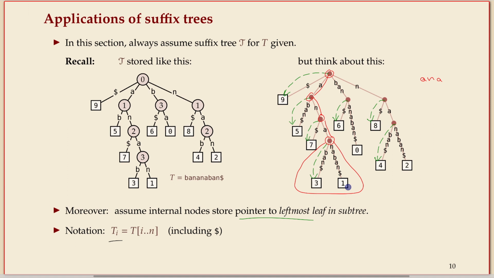So both of these suffixes have A, N, A as a prefix, which says at positions 1 and 3, there's an occurrence of A, N, A, and that's all the occurrences that there are. So in a way, the subtree we reach by finding the pattern encapsulates everything we need to know about the matches in the text. That's why suffix trees are so cool. They have all that information tidily collected in one node, and then we just have to walk around this subtree.